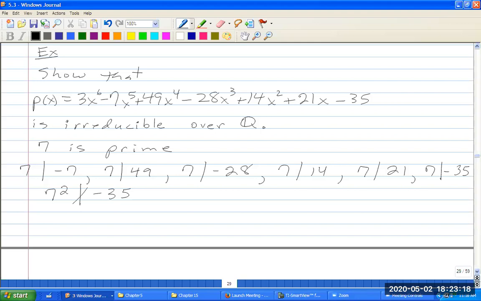And of course, each of the coefficients here are integer valued. Then by Eisenstein, I have that this polynomial is irreducible over the integers.